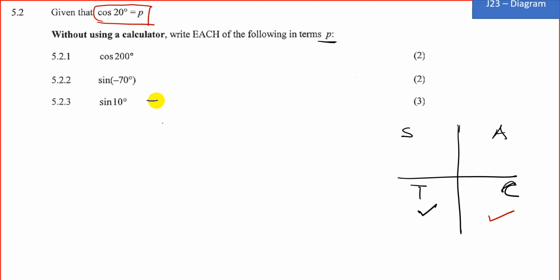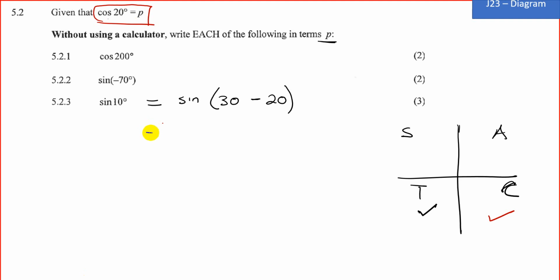I can rewrite 10 as 30 minus 20. The reason I went with 30 minus 20 is that 30 is a special angle, and 20 we can relate to P.